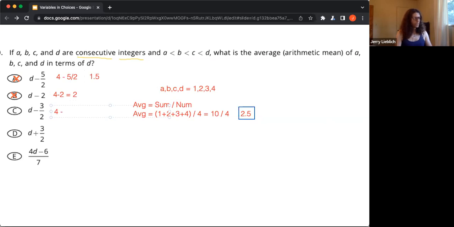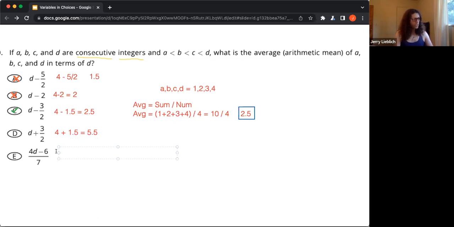4 minus 3 over 2, which is 1.5, gives me, oops, 2.5. That looks good. So let's try the others. 4 plus 1.5, that's going to equal 5.5. And this one sure looks complicated, but let's try it.